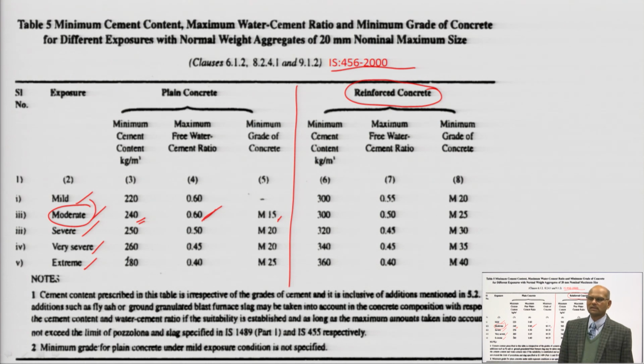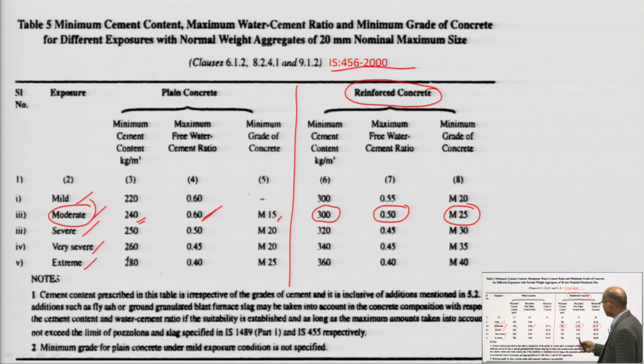Once the alkalinity is more than 12.5, corrosion will not take place, because the reinforcement will be under passive condition. So, what they have mentioned is that the minimum amount of cement you have to use is 300 kg, the maximum free water cement ratio is 0.50, and the minimum grade of concrete is M25.